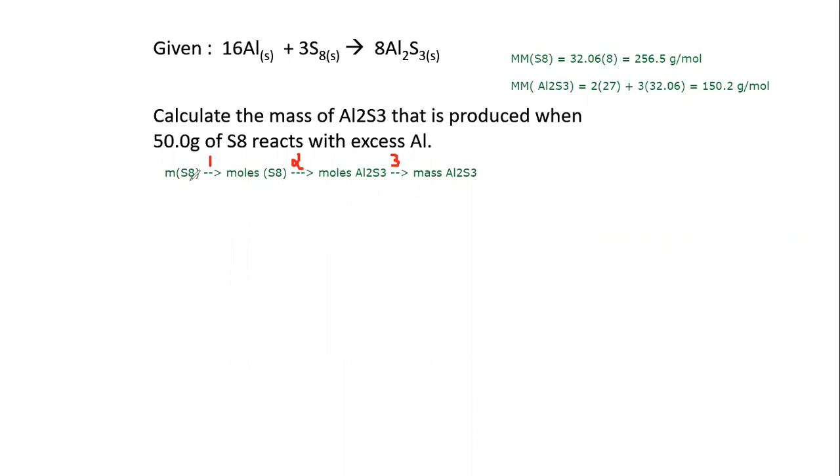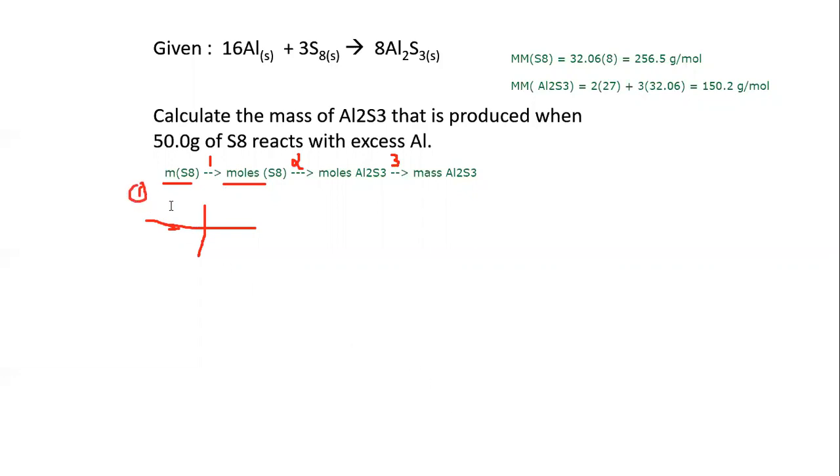So what we're going to do first is convert mass to moles. If you remember from earlier in the lecture, we talked about how to convert mass to moles and moles to mass. In order to convert mass to moles, we need to divide by the molar mass. And again, this is step 1.